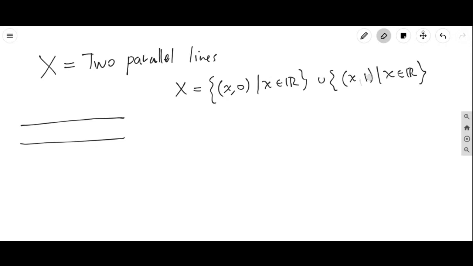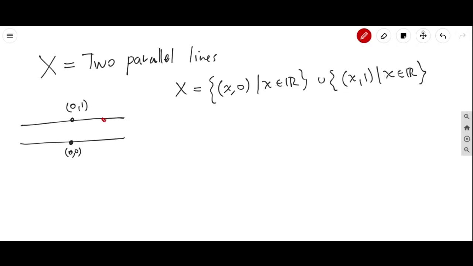You're going to take the union. This is, of course, the subspace topology of R2, because X is sitting inside R2. And here you have the origin. This is the special point. So this is (0, 0), and this is the other special point. This is going to be (0, 1).